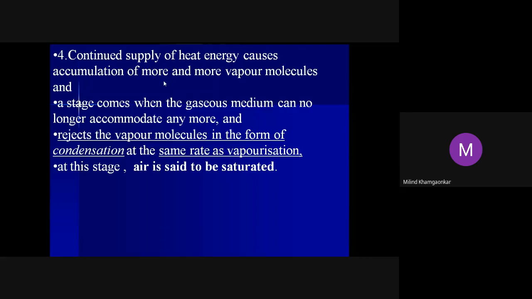As more energy is supplied, more water molecules gain kinetic energy and convert into vapor molecules, and more vapor is created. More and more vapor molecules accumulate at the surface of the water body, and so more vapor pressure is created.